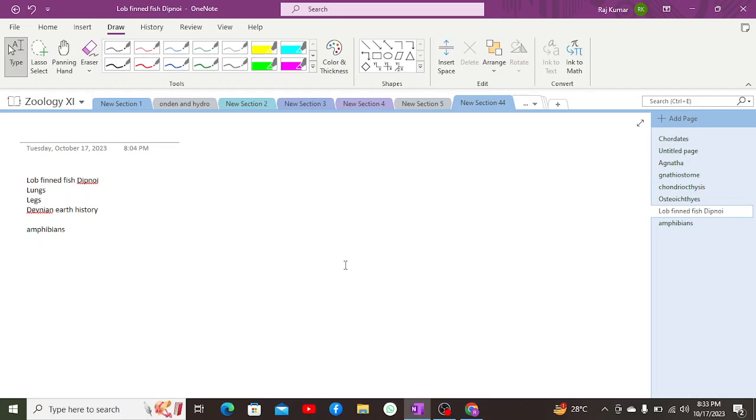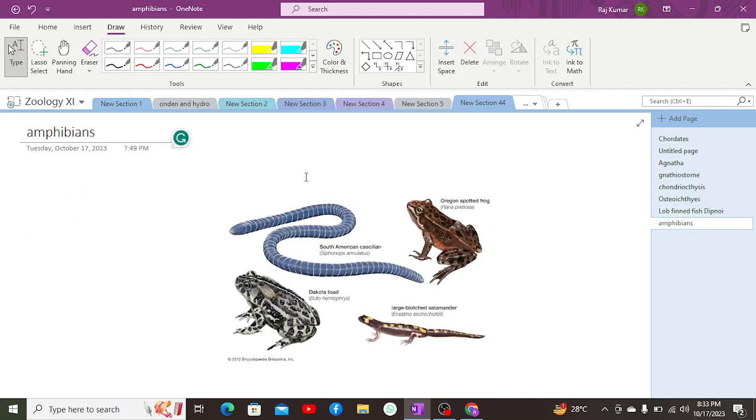When it comes to amphibian characteristics, these are basically capable of living on both land as well as water. As they are derived from the lobe-finned fish or dipnoi, they are basically having some aquatic adaptations as well as some terrestrial adaptations.